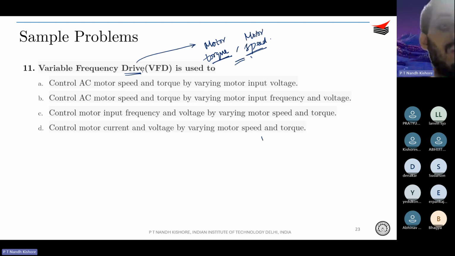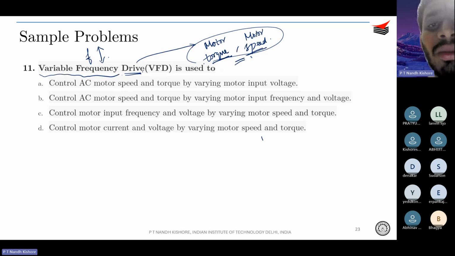The second thing is you have something called variable frequency. From the name itself, that means you are varying the frequency. Frequency is getting varied in order to control your motor torque and motor speed.